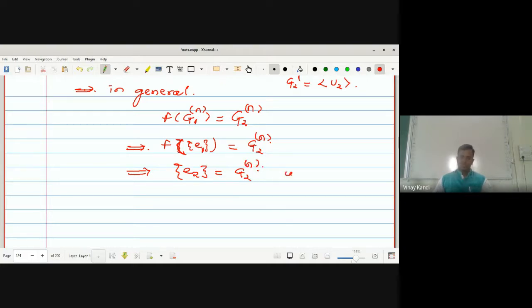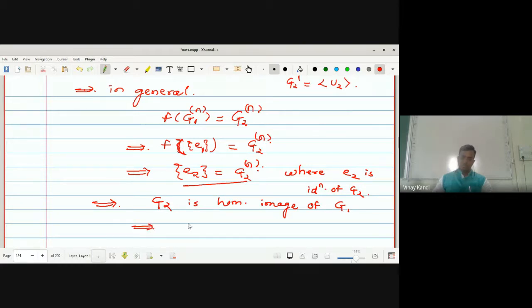Where e2 is identity of g2. So from this one, this implies g2 is homomorphic image of g1, and this implies g2 is solvable.